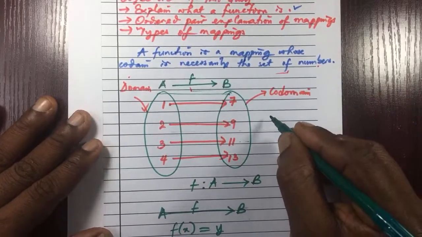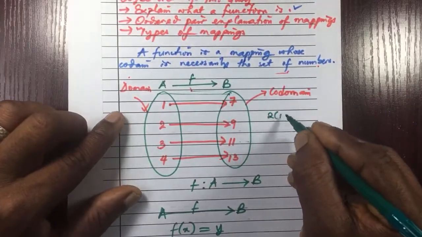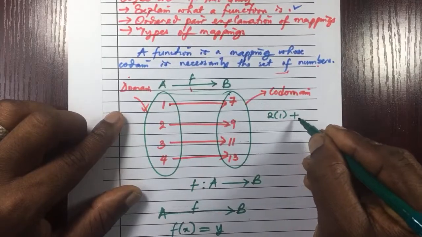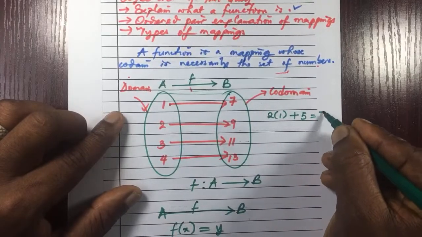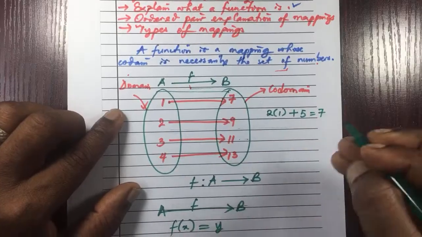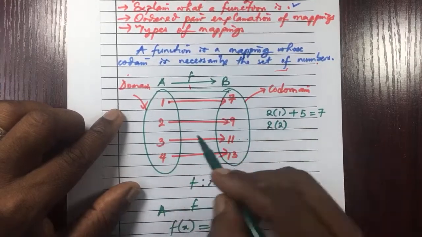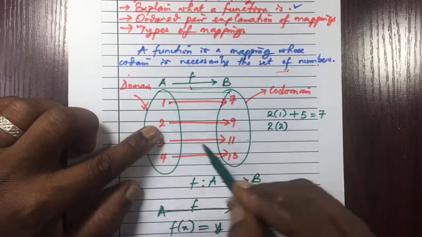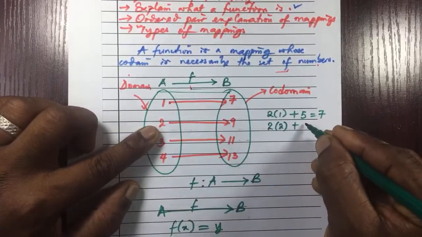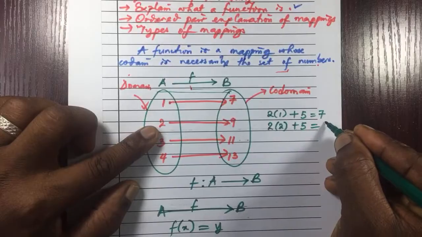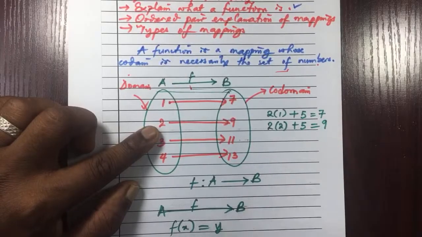So let's see. 2 times 1 plus 5 gives us 7. Multiplying 2 by 2 and adding 5 gives 4 plus 5, which is 9.